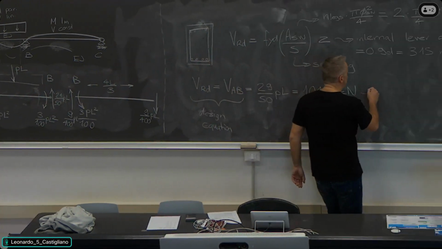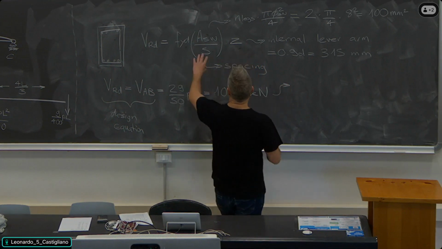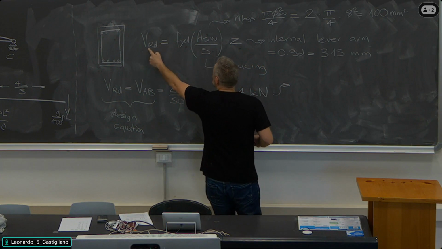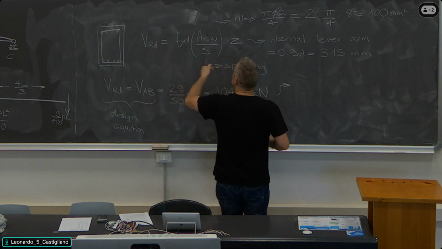How does this design equation become? I simply reverse, I bring S to the first member of the equation and VRD equal to VAB down.